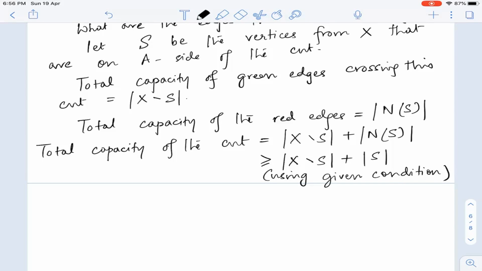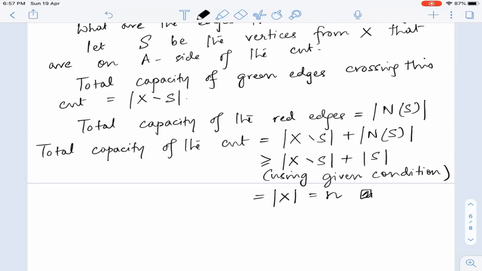Remember, I have assumed that there are no Hall sets in my graph. And now I'm sure all of you are seeing what this summation is. This is precisely equal to mod of X, which is n. Okay? So that's what I wanted to prove, and I have proved that fact.